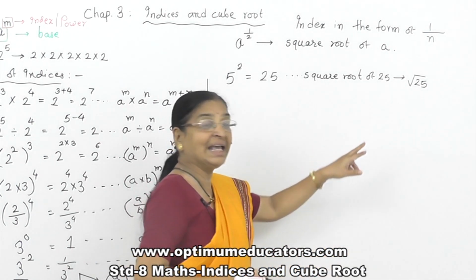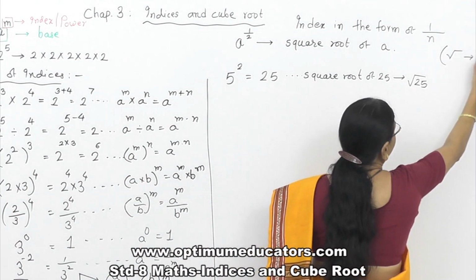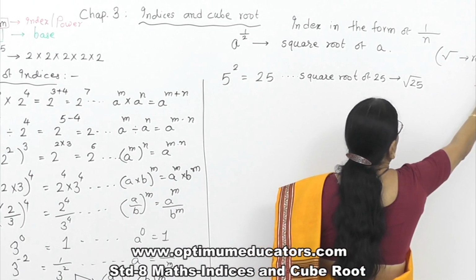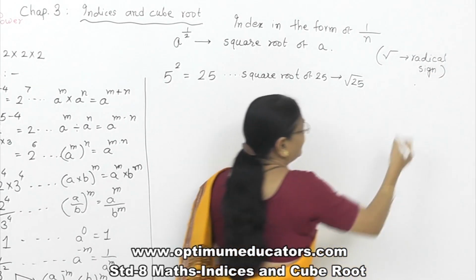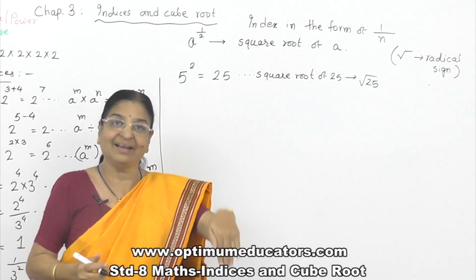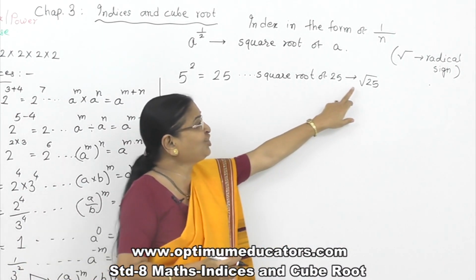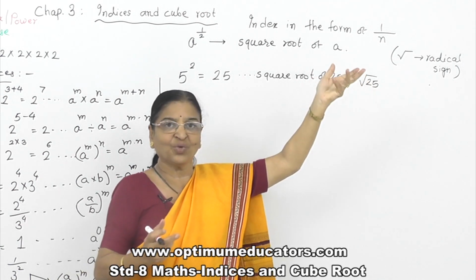This is a radical sign. This sign is known as a radical sign. Okay? Radical sign means it indicates the root. Radical is a root only. And which root? If nothing is written, then it is a square root.